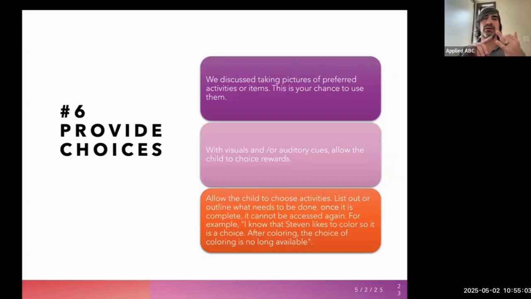We need to work on following directions. We need to work on requesting. We need to work on tacting. I know those are the four things. And in between those, there's going to be reinforcement periods. So you have them choose the things that they're working for throughout the day. And you also have them choose, okay, I want to do this first and this second and this third, because you create a level of buy-in by letting them choose what it is they're working on. This is the thing I chose, so it's not so bad. Whatever the case may be.